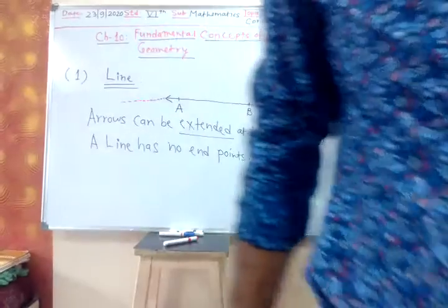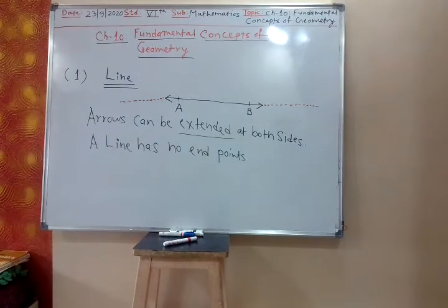Dash means you can extend this line from the A side, and you can extend this line from the B side. So arrows can be extended at both sides, so a line has no end points.